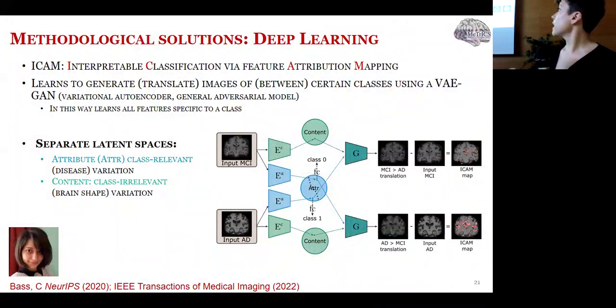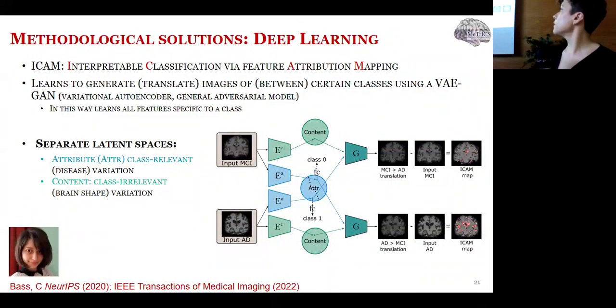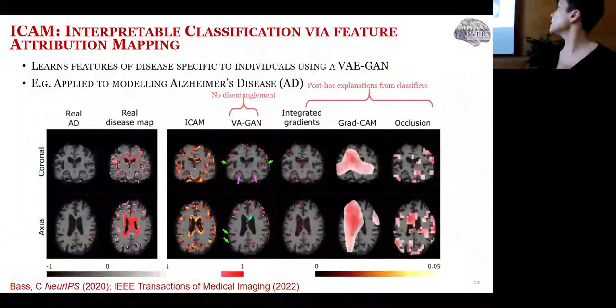And this is a variational autoencoder, so that means that we're able to sample from this space, and we can then take the content latent of each image, swap out its attribute latent to one of a different class, regenerate the image, and it gives us a difference map that picks up on all signs of disease within that individual image.